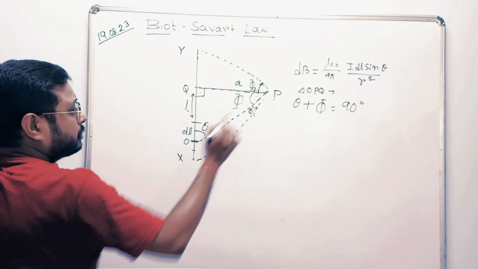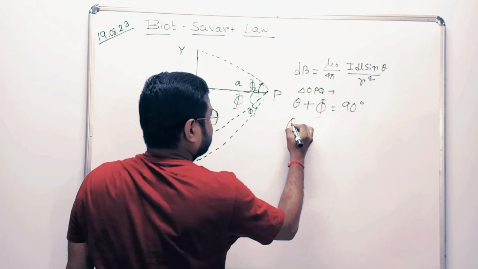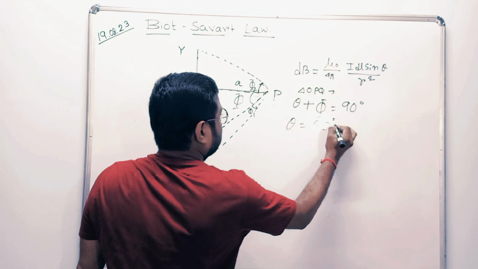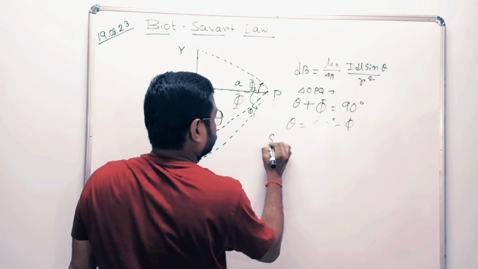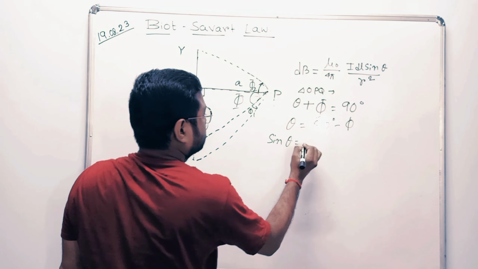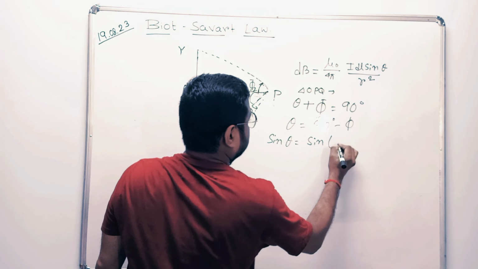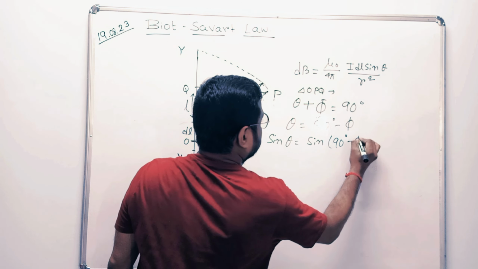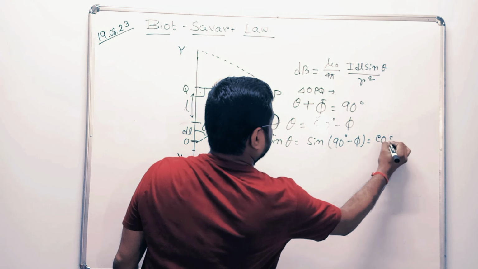So we can write theta equal to 90 minus phi. So sine of theta becomes sine of 90 degrees minus phi, that is cos phi.